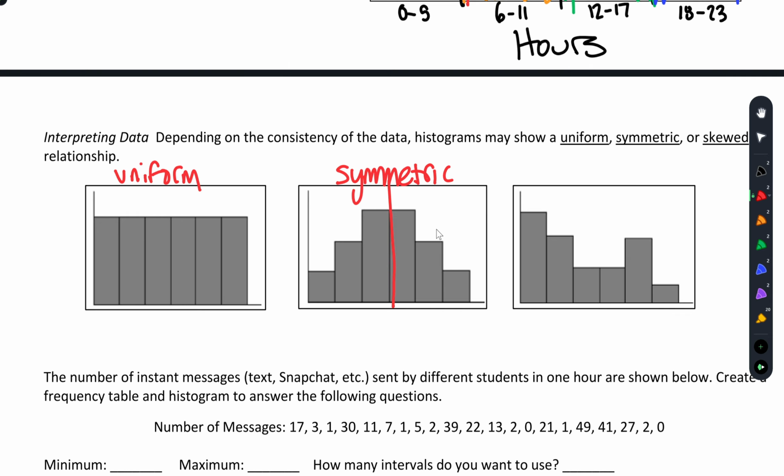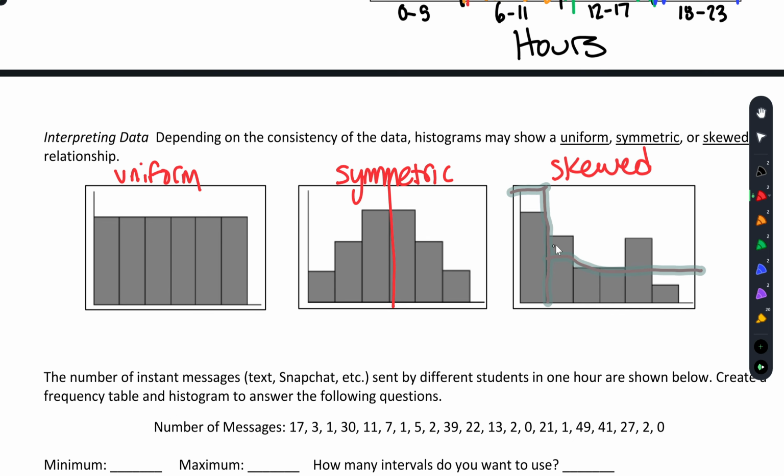And then the last one is called skewed. We've seen this term used before. Skewed either means it kind of looks all over the place, like we see how this graph kind of is a little wonky. Skewed could also mean that it's really high in one category and then super low in the rest of the categories.